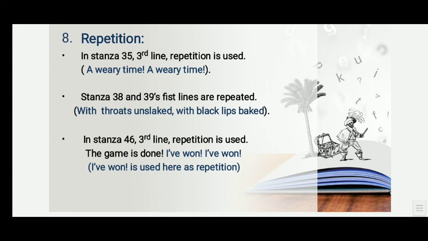Number first, in stanza 35, third line, repetition is used as "a very time, a very time." This is a repetition. Number second, stanzas 38 and 39, first line are repeated as "with throats unslaked, with black lips baked."